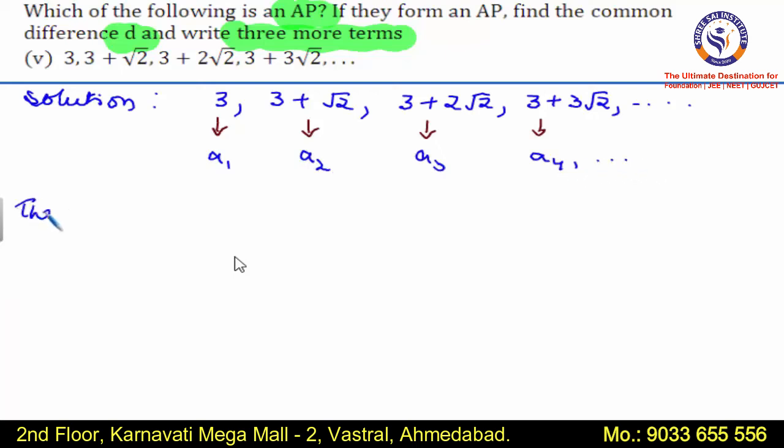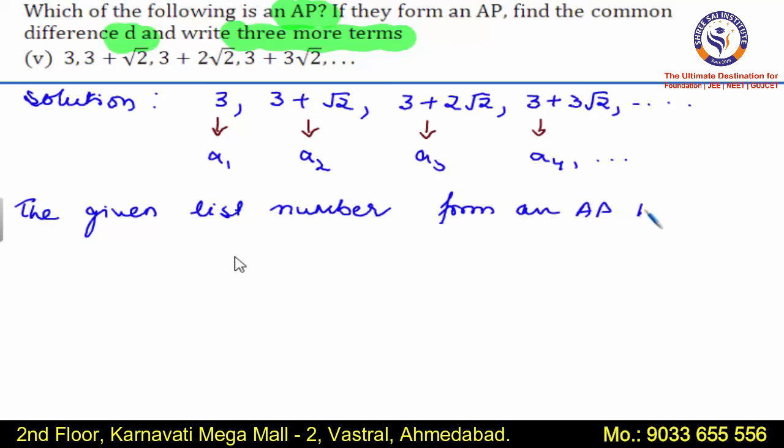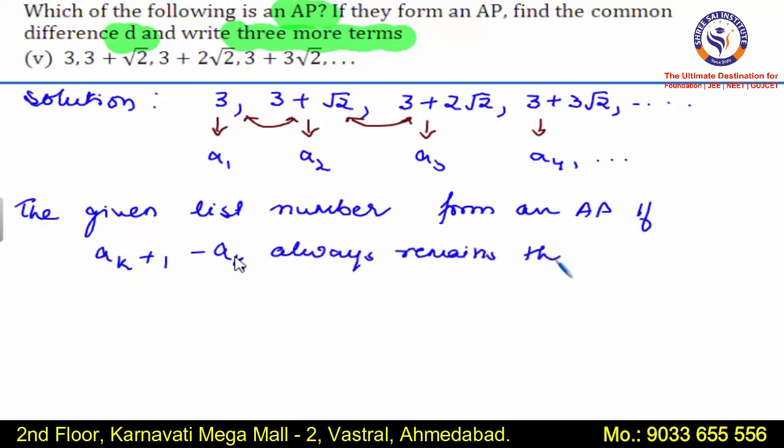Now, the given list of numbers form an AP if the difference between any 2 consecutive terms remains the same, that is, AK plus 1 minus AK always remains the same.